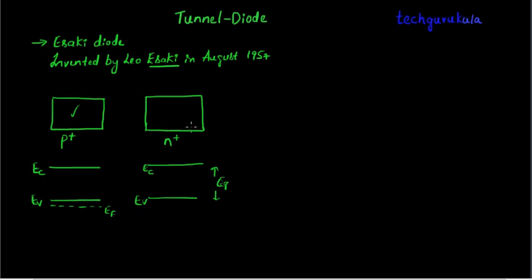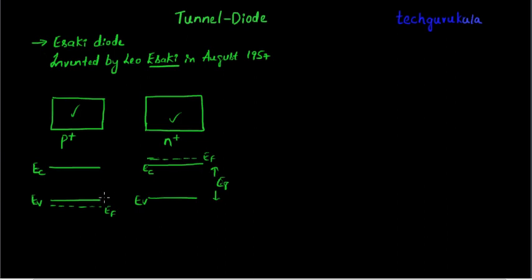In the very heavily doped n-type donor material, the EF will be above the conduction band. Here I'm exaggerating the differences, but usually they'll be close enough. In order to understand, I'm just exaggerating the difference between Ec and EF, and Ev and EF.